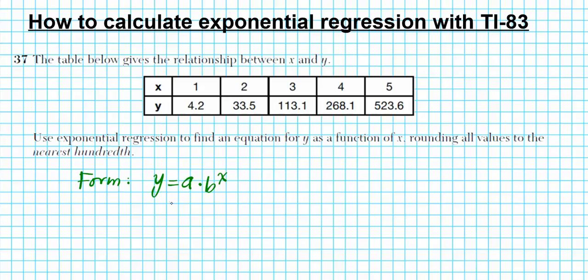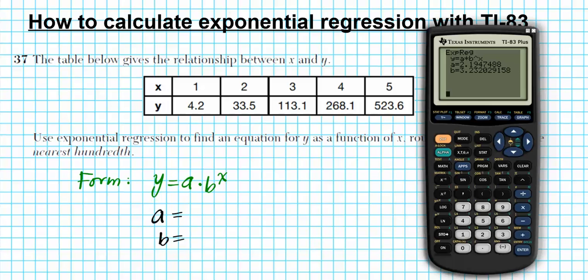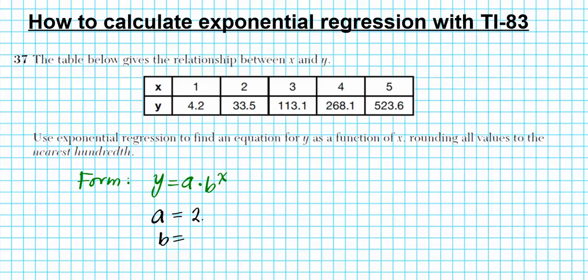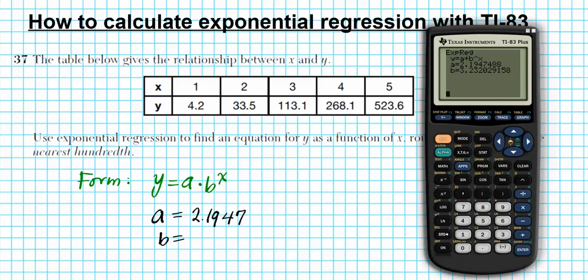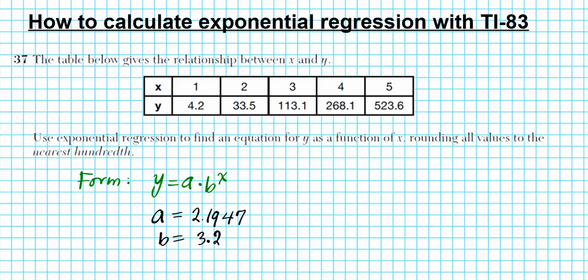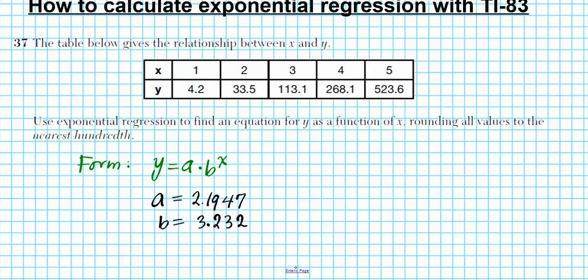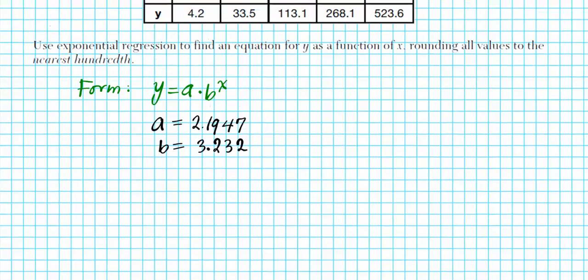From our calculator, we found that a is 2.1947, and b is 3.232.